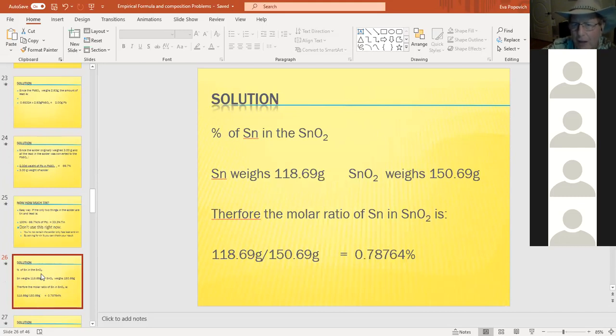Tin oxide weighs 150.69. So to get the percent of tin in the tin oxide, I divide the 118 by the 150, and I end up with 78.76%. Now, Dana, what do I do with that 78.76%?